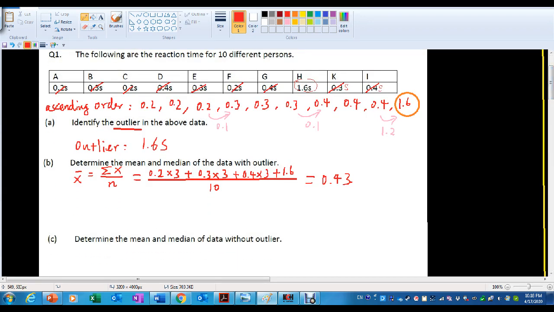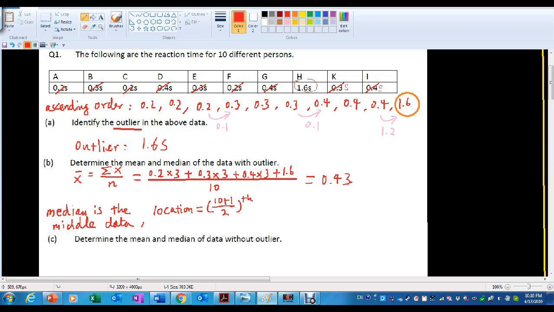And how about the median? Remember, the median would be the middle data. So where is the middle data? We use this formula: the location of the median should be (n plus 1) divided by 2, so 10 plus 1 divided by 2.